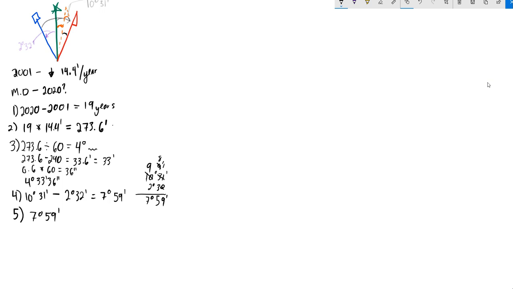Okay, so that's the original declination. And then I'm going to subtract this, because what I calculated here in 3 is this angle in here. And subtract 4 degrees, 33 minutes and 36 seconds. And let's do the math on the side here so you can see how to do it in your head if you want to.